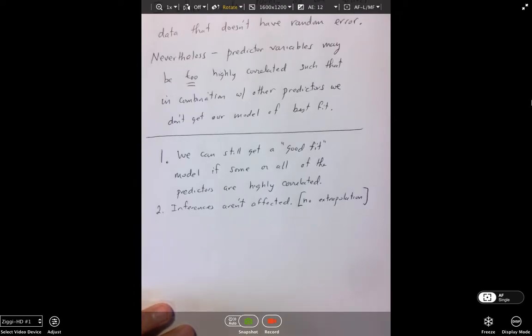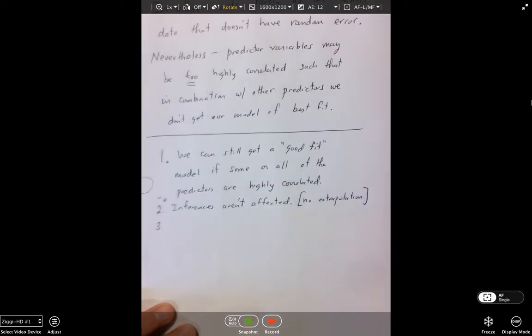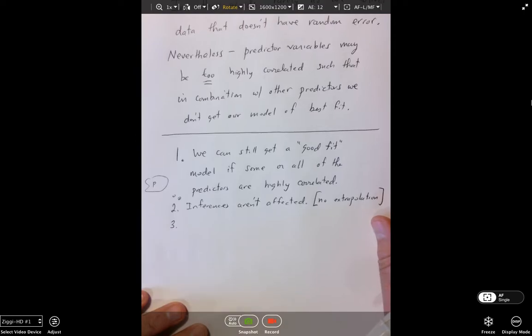So again, talking about this whole multicollinearity thing, we still get a good fit. We actually get a whole bunch of models that are good fits if the predictors are highly correlated. Inferences, and guys, when you think inferences, just think p-values. That's what's meant by that.